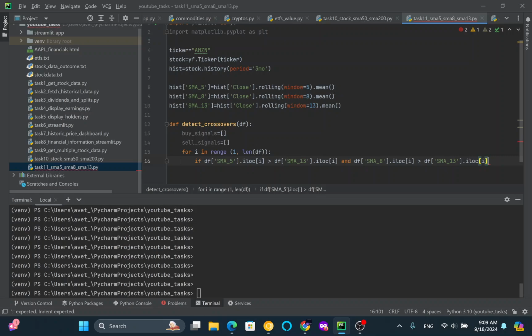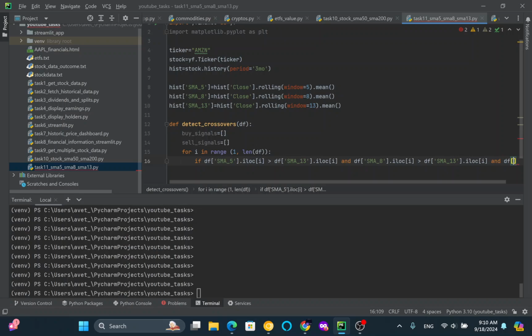And one more thing, when it comes to a crossover, we understand that a crossover is when something was under, so SMA5 was under the SMA13 and now, at the crossover point, it turned above. So it was lower before and should be upper now. We have covered the upper part, let's cover the lower part.